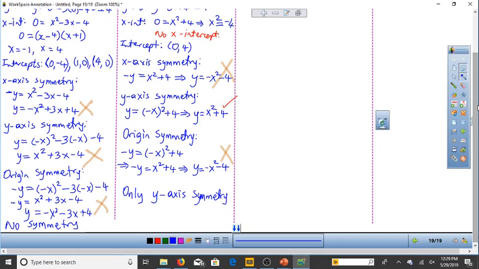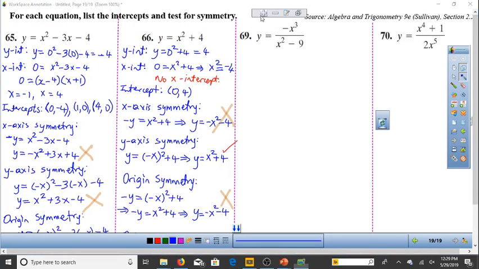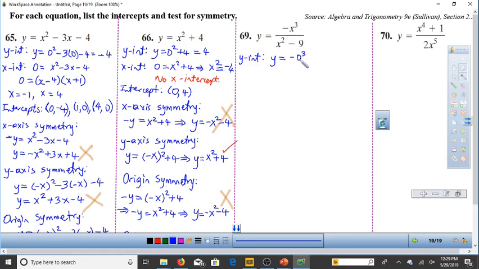Let's continue with this more complicated looking question here. Let's try to find our y-intercept first. To find our y-intercept, we simply replace all the x's with 0. So we end up with negative 0 cubed over 0 squared minus 9, which is 0 over negative 9, which is 0.